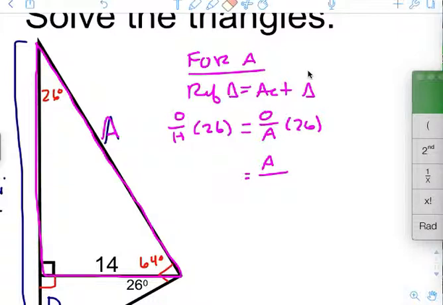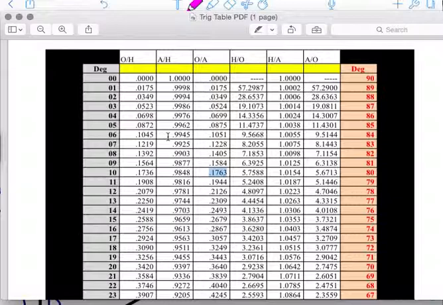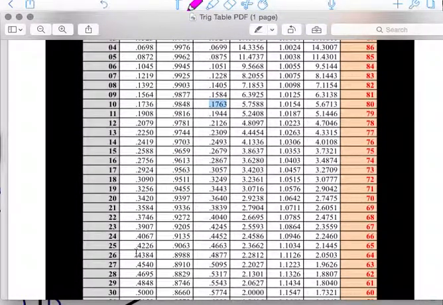Wait, hold on. There we go. Okay, so over A, 14 is my opposite. A is going to be my actual hypotenuse side. Let's go to our reference sheet, and I'll hopefully remember to pull this away this time. O over H for 26. O over H is the first column, 26. Boom, there it is right there. 0.4384.